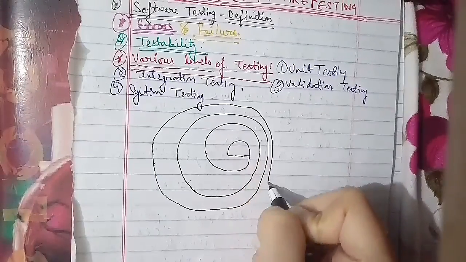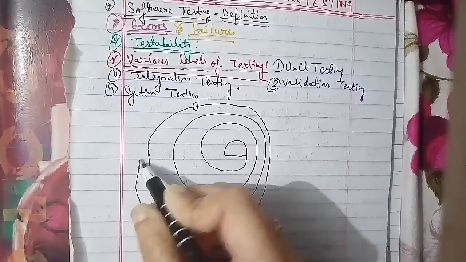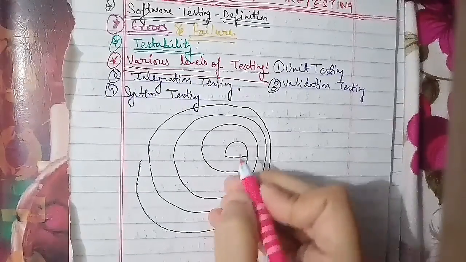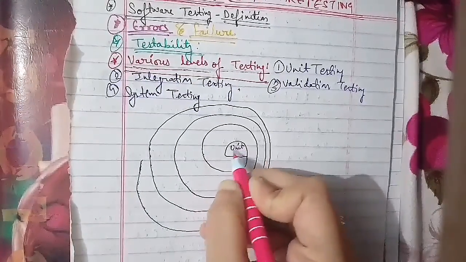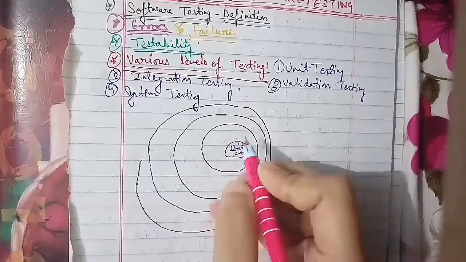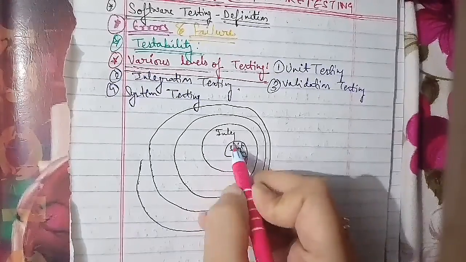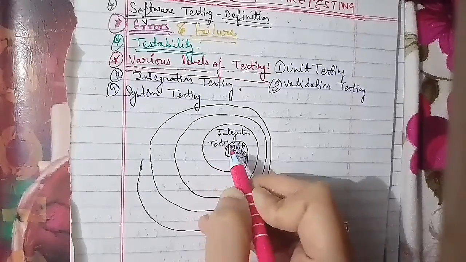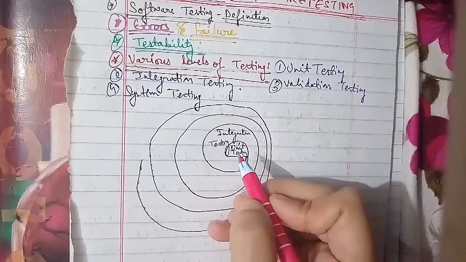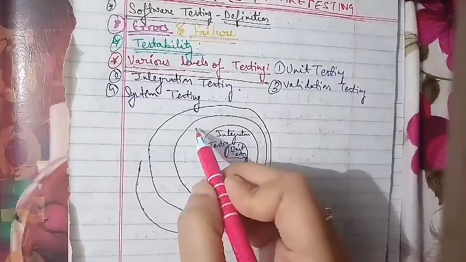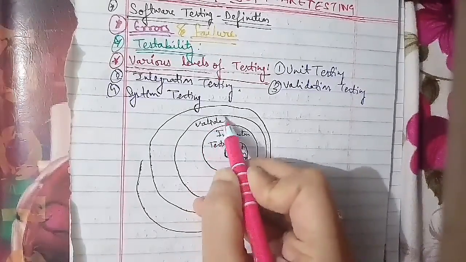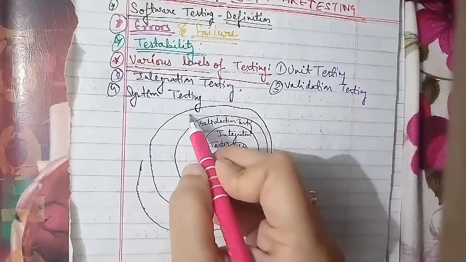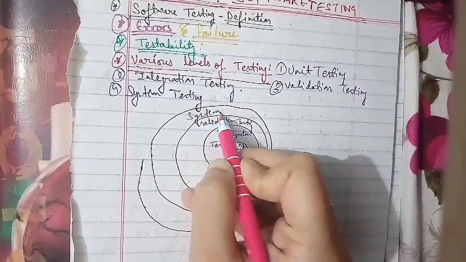On the same case, this is your unit testing. The second is integration testing. The third we have is your validation testing. The next is your system testing. And this is your testing strategies.